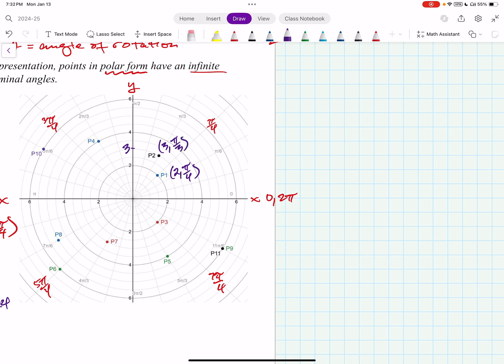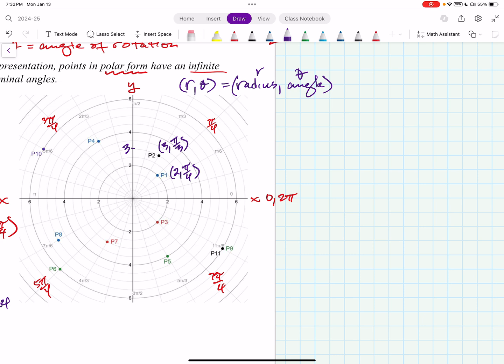So notice it's fairly easy when you're given the point to figure out the coordinates, because again, it's r comma theta, the radius comma angle of rotation. Okay, so this is r and this is theta.